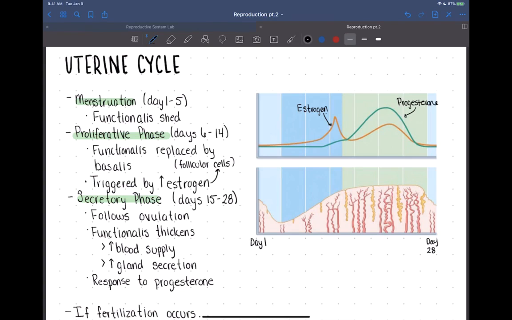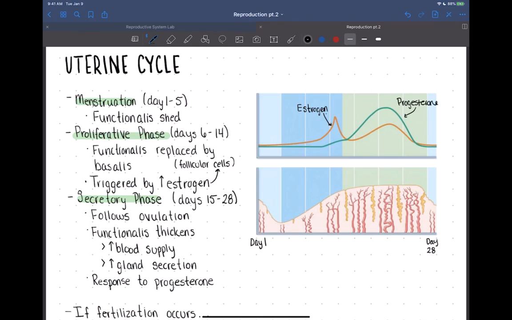Think of it as basically preparing for ovulation and possibly receiving a fertilized egg. So that endometrium needs to be prepared to receive a fertilized egg.